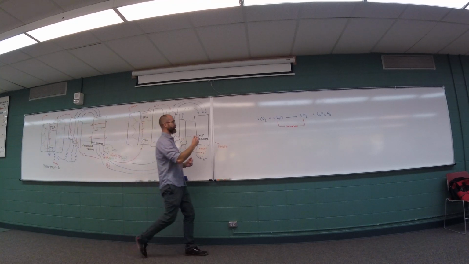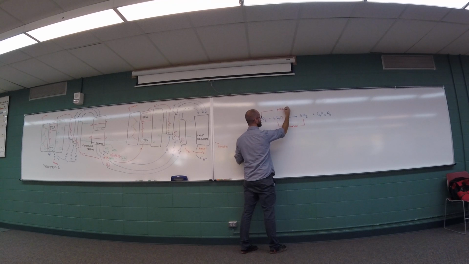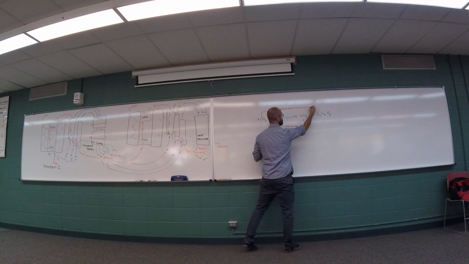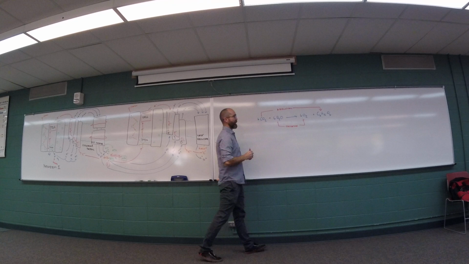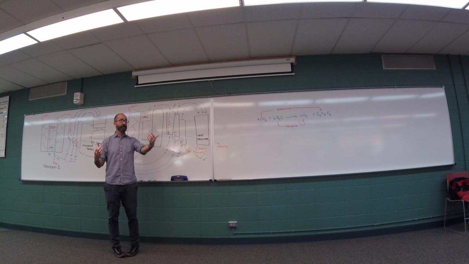And then we're going to take this and we have a reduction reaction into that. What does reduction reaction mean? You're picking up electrons. And what's the source of those electrons? Where do we get the electrons?